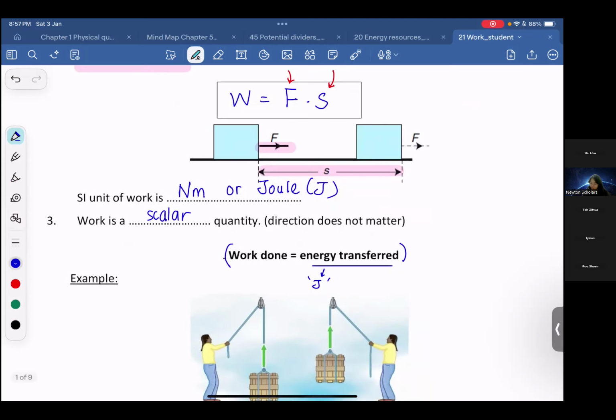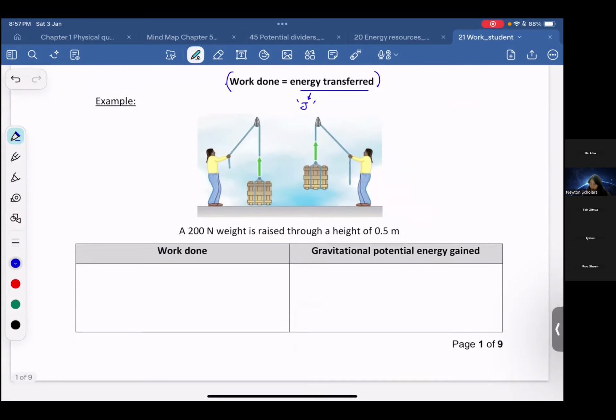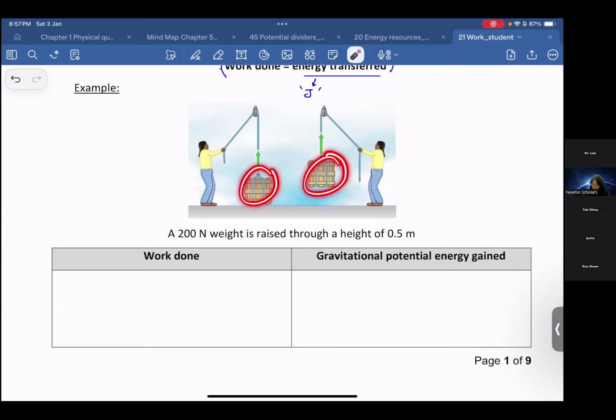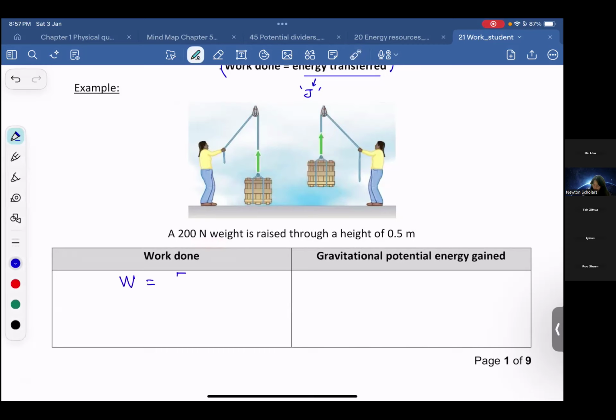So here, we can solve the problem using two methods: using work done, or using gravitational potential energy when the weight is lifted. For this case, these two objects we lift up. Here is a 200 Newton weight. W equals Fs, the formula for calculating work done. How much force do you need to apply moving it up?